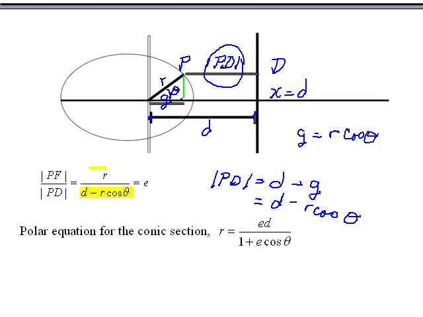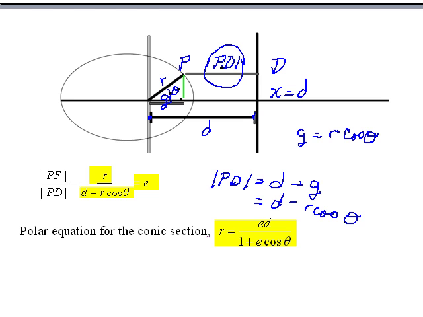So we have the distance from the point to the focus divided by the distance from the point to the directrix written in terms of the polar variables r and theta. All that equals the eccentricity E of the particular conic section. We can rearrange this equation, solving for r, so we have r as a function of theta equals the eccentricity times the distance to the directrix divided by 1 plus the eccentricity times the cosine of the angle.